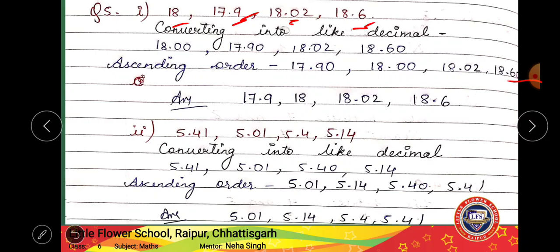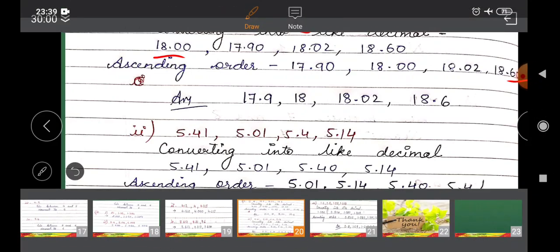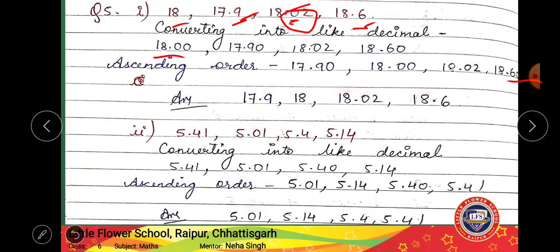So we will convert them into like decimals first. 18.00, the maximum is two places of decimals, so we will add two places of decimals here, right? 17.90, here it is already, and here 18.60.